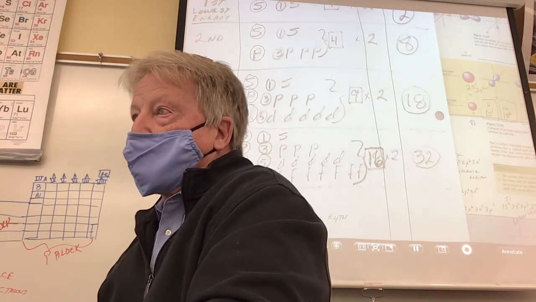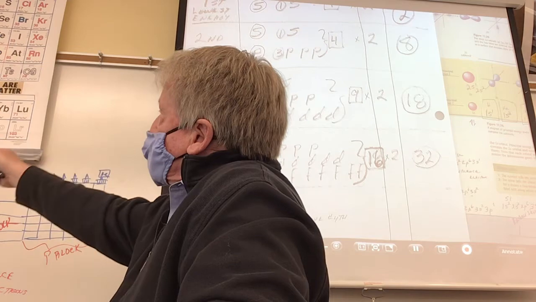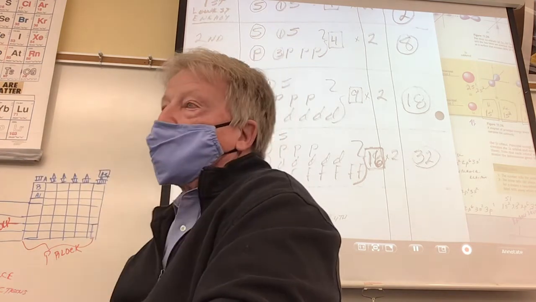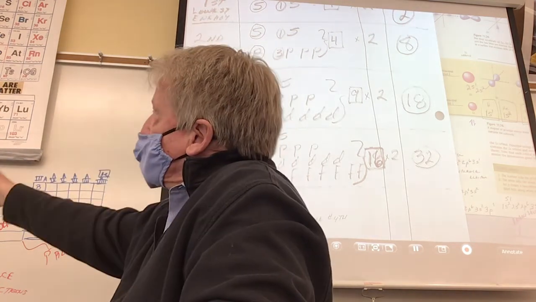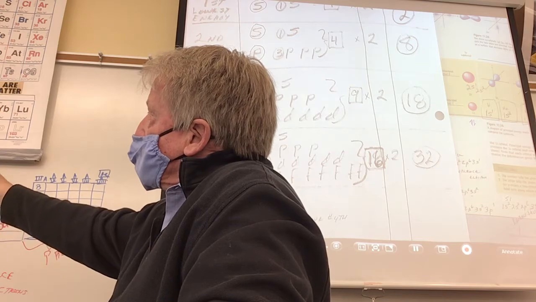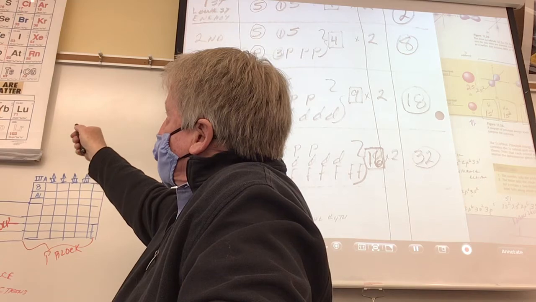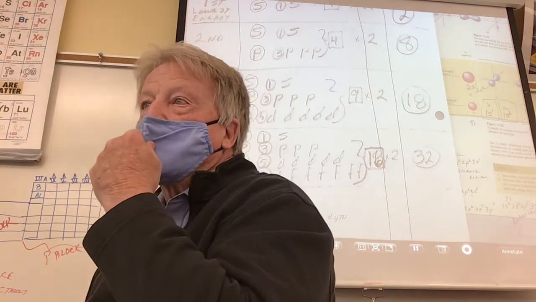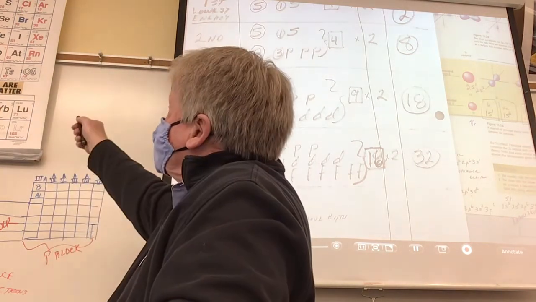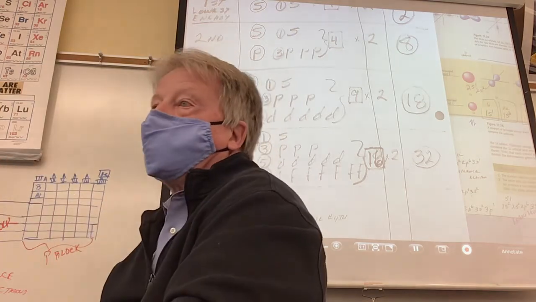Noble gas. Noble gas has 8 valence electrons. 2 of them here, 6 of them here. Go around the corner now. 3s1, 3s2, 3p1, 2, 3, 4, 5, noble gas, 6. I have 8 valence electrons, 6 of them are here, 2 of them are here.